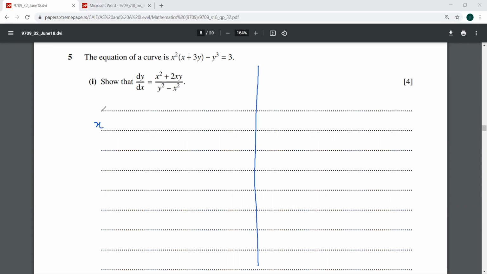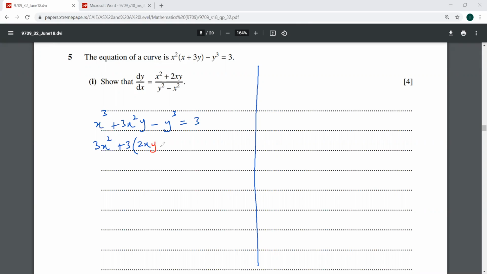This is x cubed plus 3x square y minus y cube, that is equal to 3. So the derivative of x cube is 3x squared. Remember, there is a product, so remember that product. You will be applying u dot v here. So the derivative of x square is 2x and y would remain as it is. I'm using these different colors here.